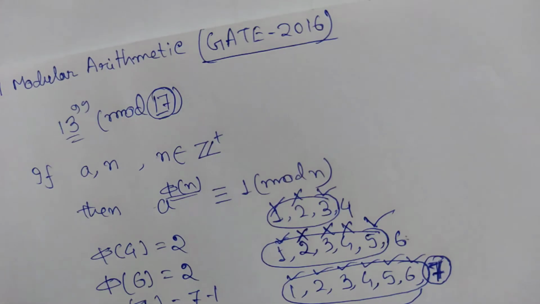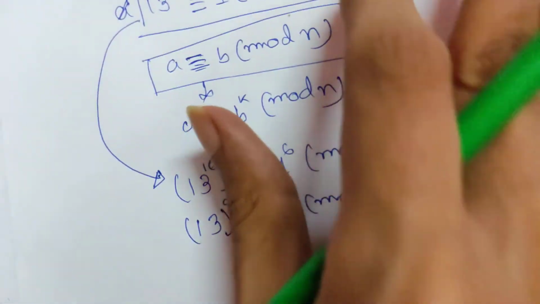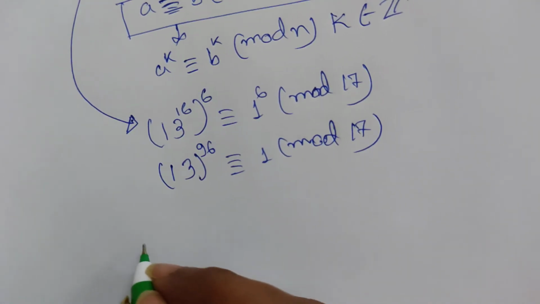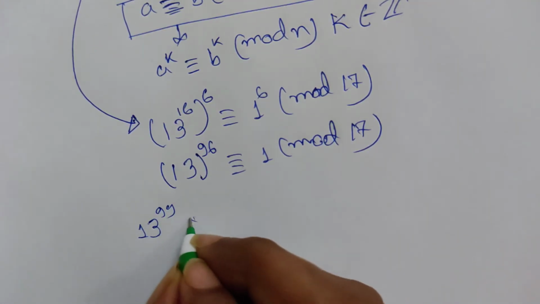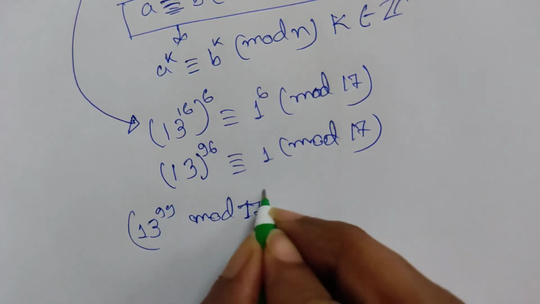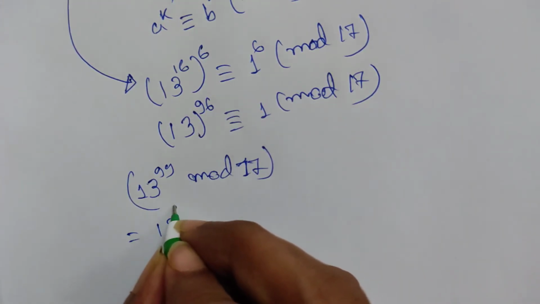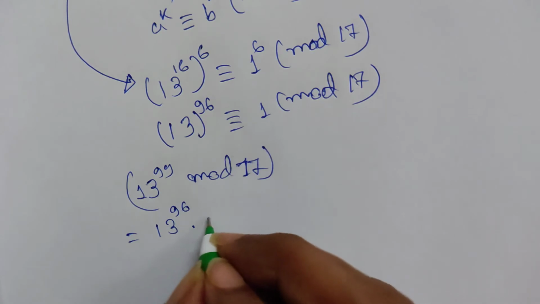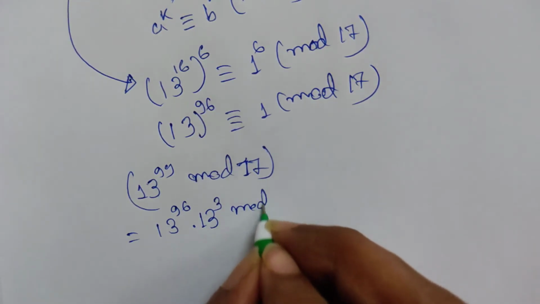But we have to find 13 to the power 99 mod 17. So break down this expression. It is equal to 13 to the power 96 multiplied by 13 to the power 3 mod 17.